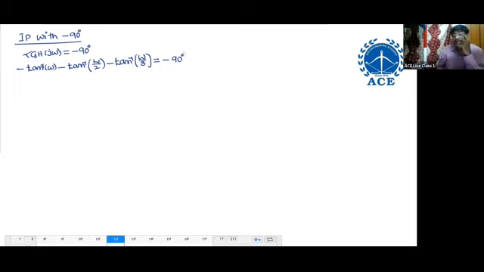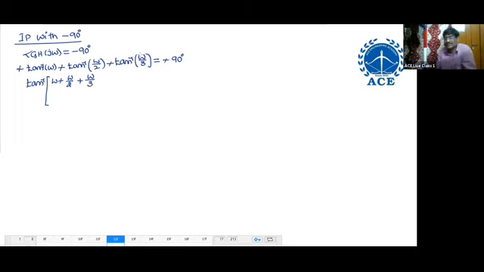Now write the answer. All minus make it plus. Then we have tan inverse A plus tan inverse B plus tan inverse C. Either simplify the first two terms, then the other term, using tan inverse A plus tan inverse B equals tan inverse of (A plus B) by (1 minus AB).